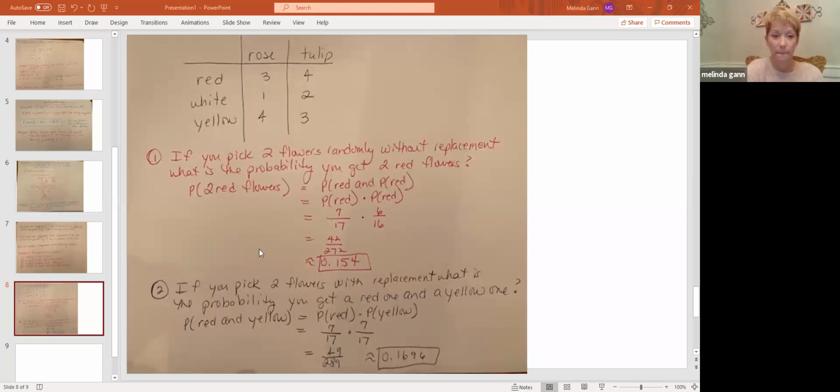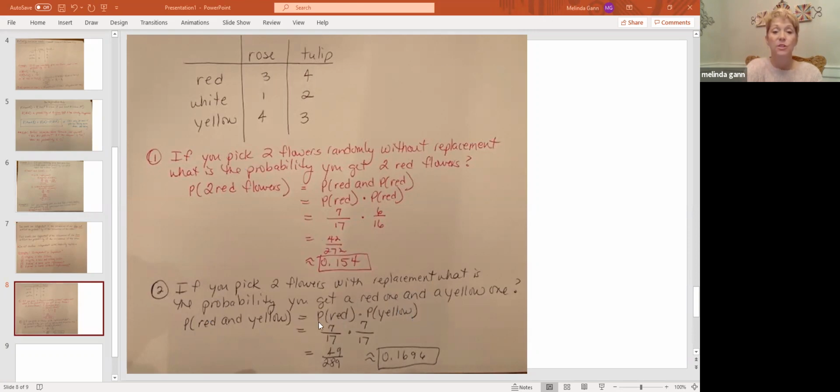All right, look at this one. If you pick 2 flowers, this time with replacement, what's the probability you get a red one and then you get a yellow one? So a red on your first pick and a yellow on your second pick. Is that possible? Can you get a red one and then a yellow one? Yes. So I grab my formula, the probability of the first one and the probability of the second one. But remember, it's really the probability of yellow given that you got red the first time.